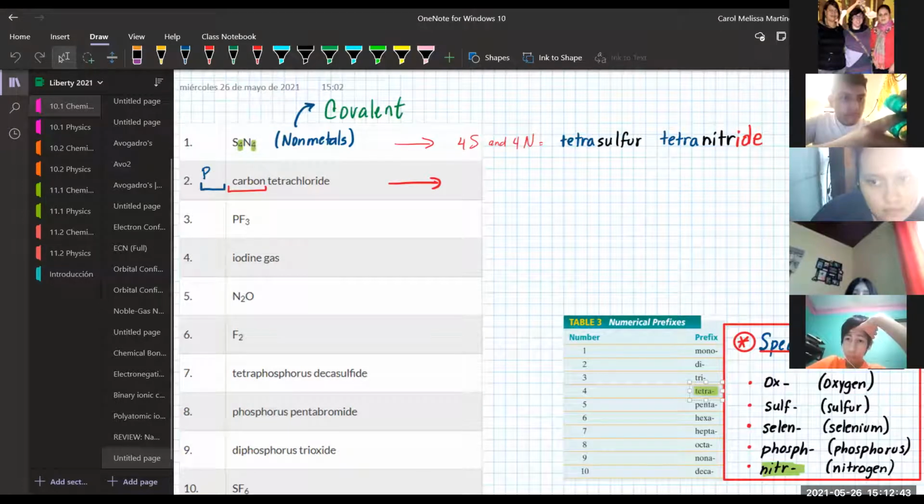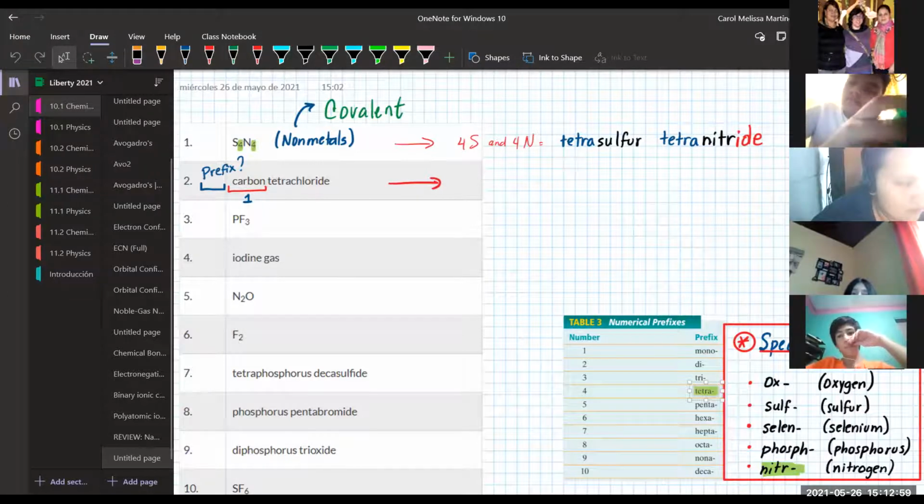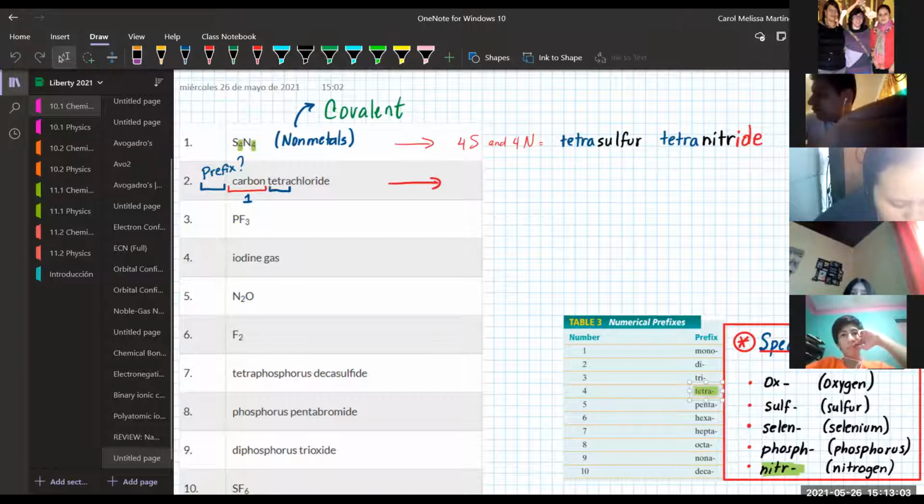Exactly. When you don't see a prefix, the prefix will be 1, okay? So in this case, carbon will have only 1 atom, and chlorine, that is the other element, the prefix will be tetra, and tetra corresponds to the number 4, okay? Chloride refers to the element chlorine, okay?